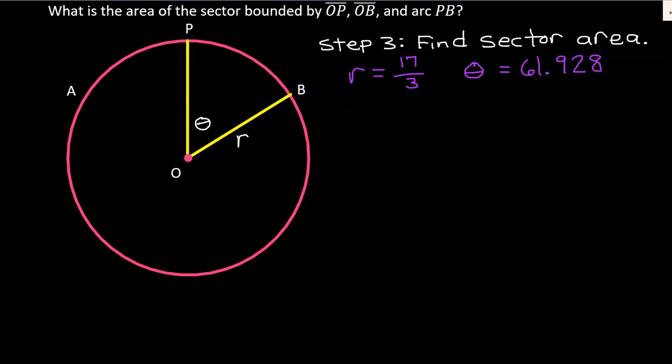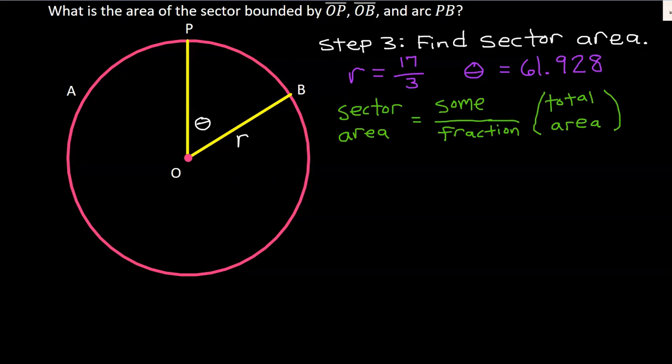So step 3 is to find the actual sector area that we were asked to find from the start. Keep in mind that we already know the radius and we already know the central angle from the previous 2 steps. So how do we find a sector area?